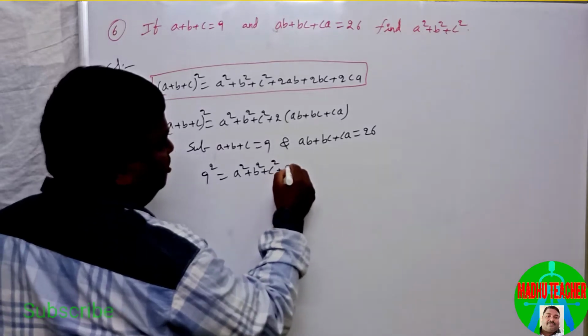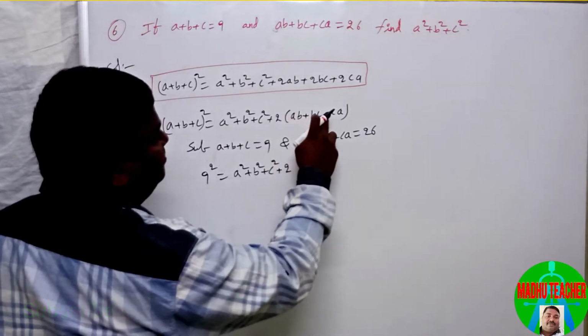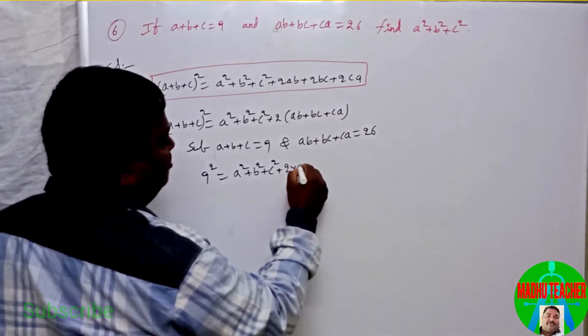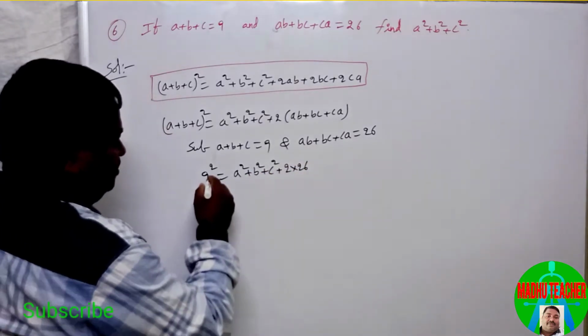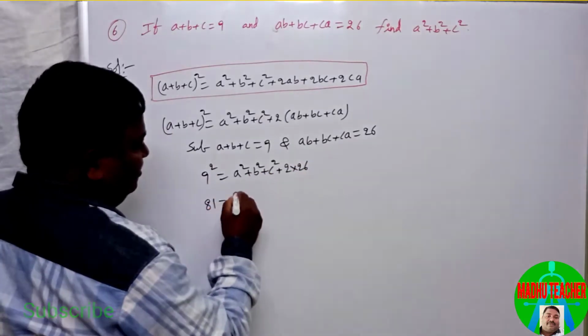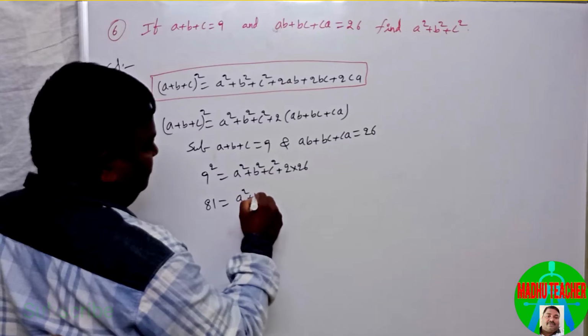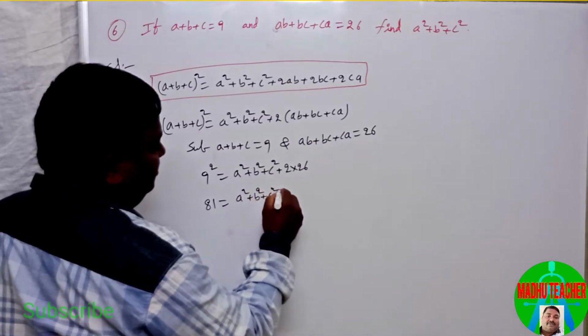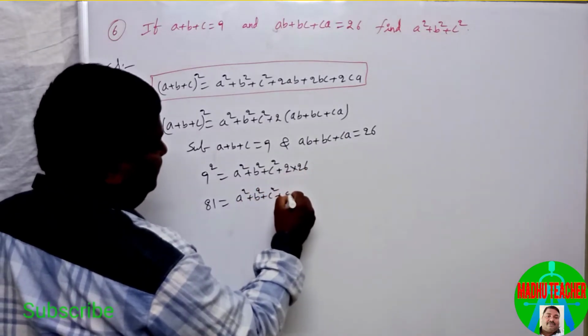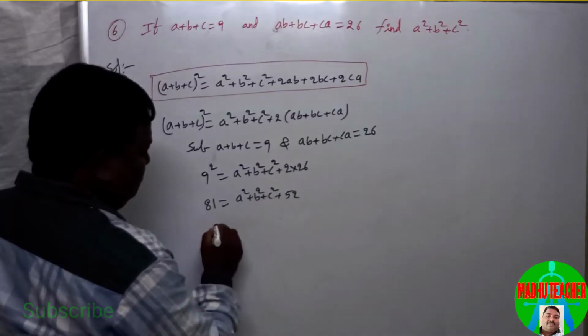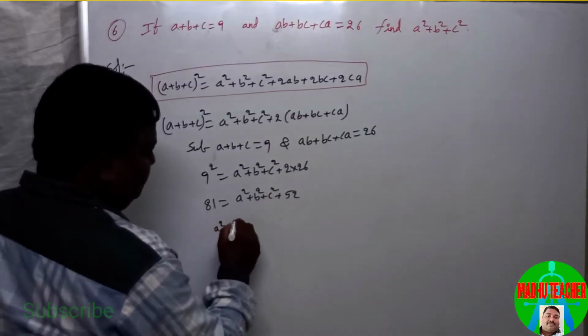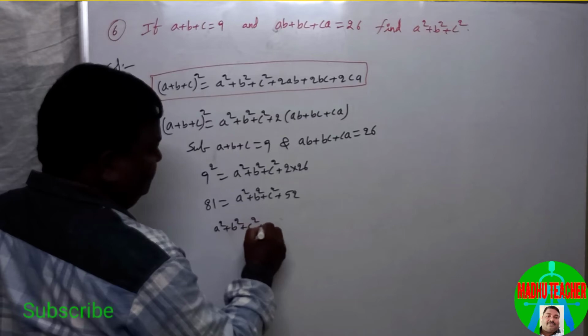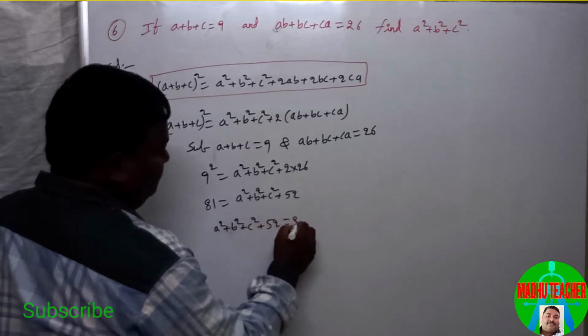plus 2 into (ab plus bc plus ca) equal to 26. So that is 9 square is 81 equal to a square plus b square plus c square plus 26 into 2, 52. So here a square plus b square plus c square plus 52 equal to 81.